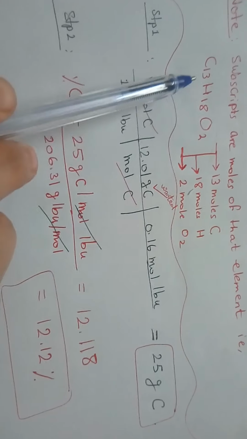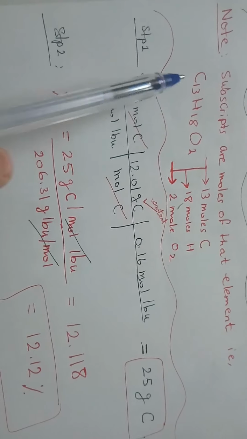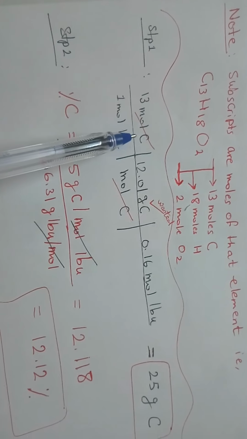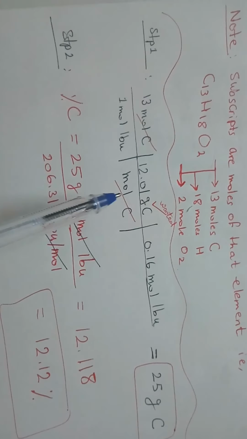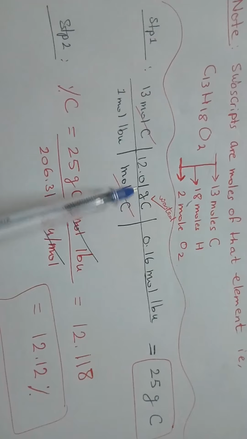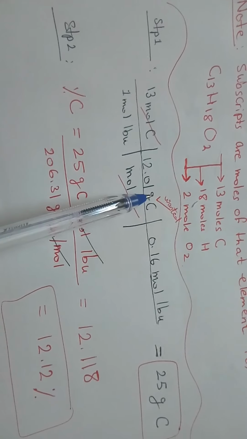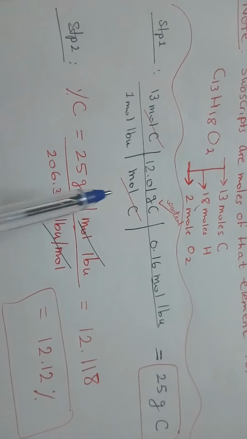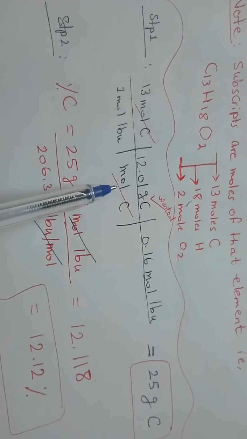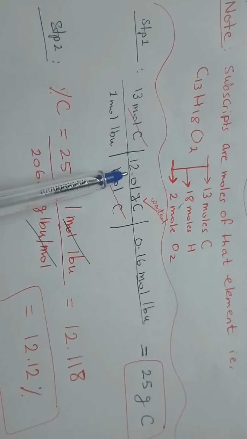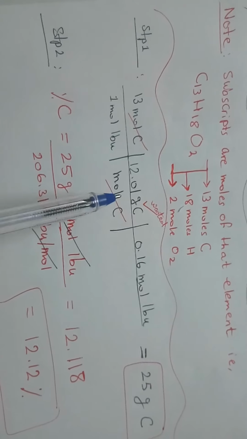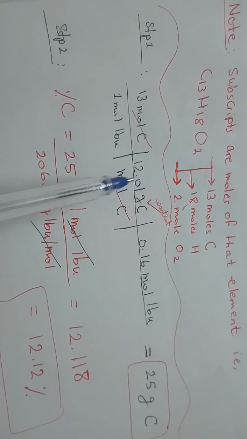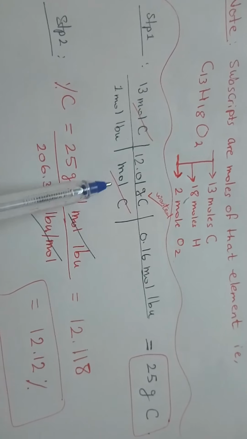From the compound, I know that I have 13 moles of carbon. And we know that the molar mass for carbon is 12.01 grams per mole. You get this from the periodic table. Remember, it's the bigger number, not the small one, or average atomic mass. That's what we call average atomic mass, and it's the molar mass that we use in conversions.